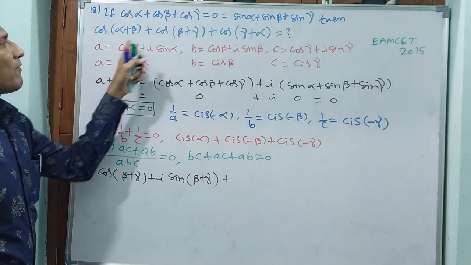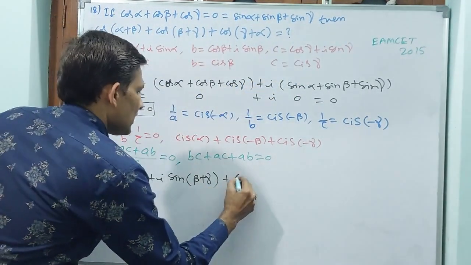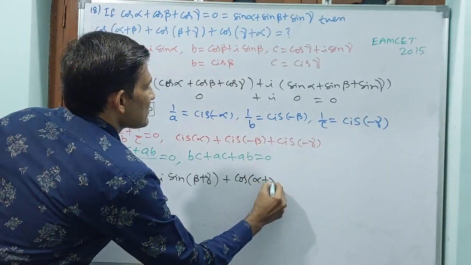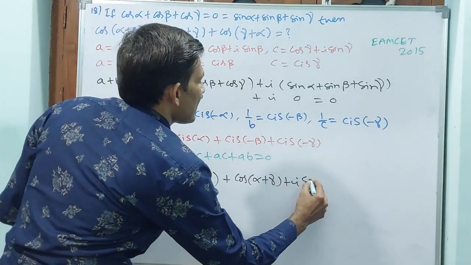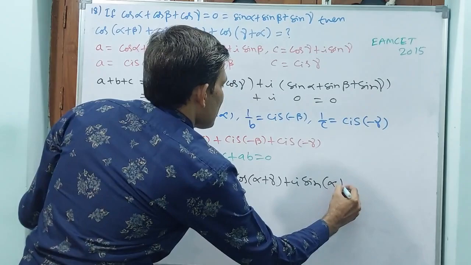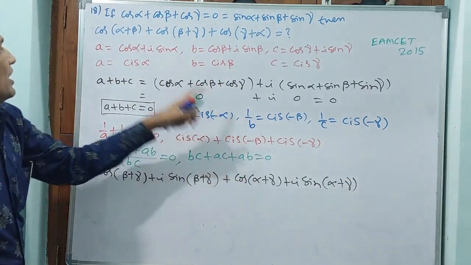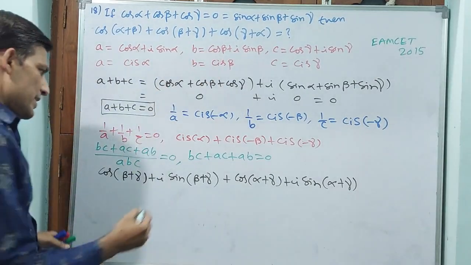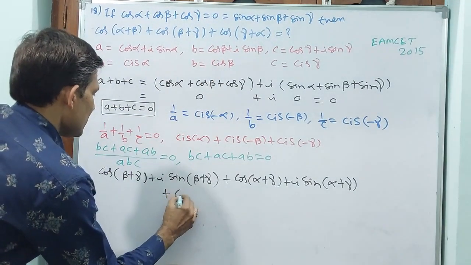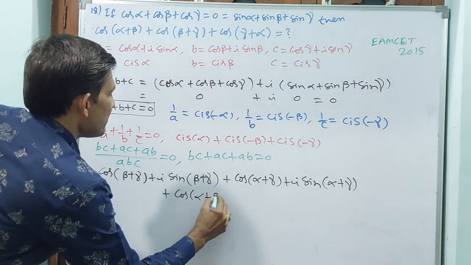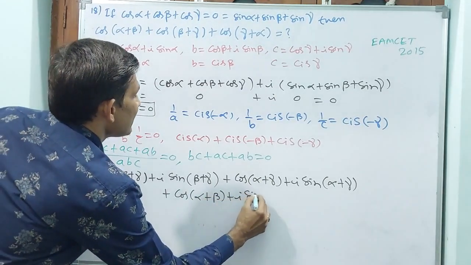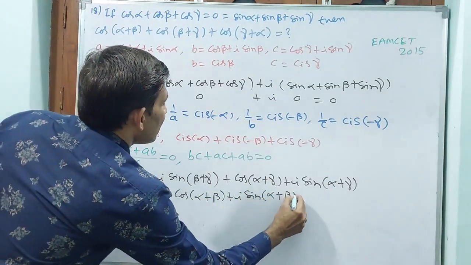AC means what? Alpha and gamma. Write down: cos of alpha plus gamma plus i sin alpha plus gamma. Okay. AB means what? Alpha beta. Write down: plus cos of alpha plus beta plus i sin alpha plus beta.